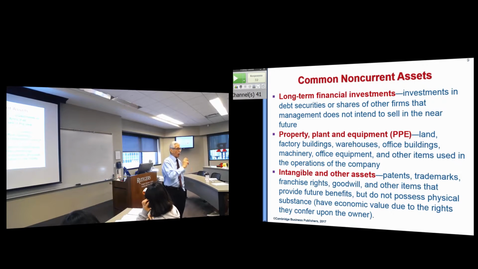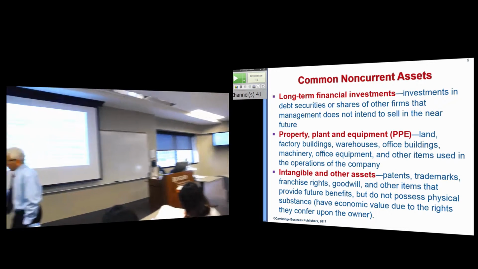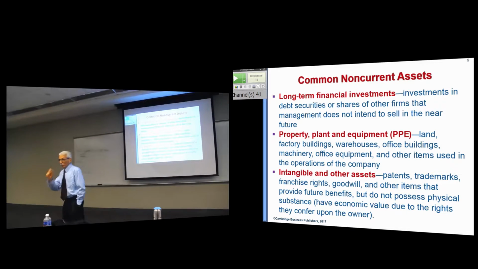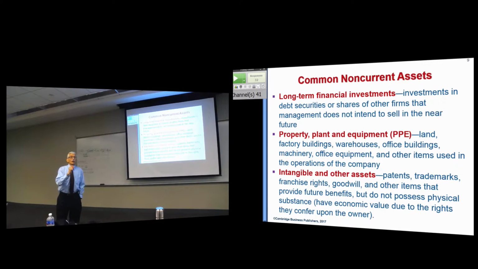The Apple logo has zero value to Apple on their balance sheet unless somebody buys Apple and pays for it. So if you don't have an objective transaction, the asset cannot be measured. So internally generated intangibles are not recorded.